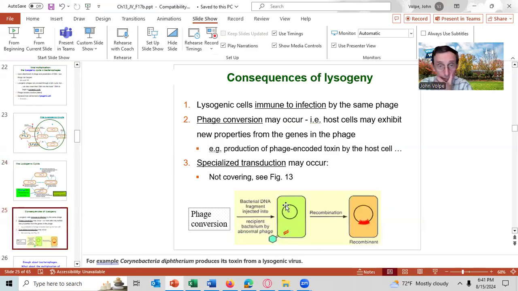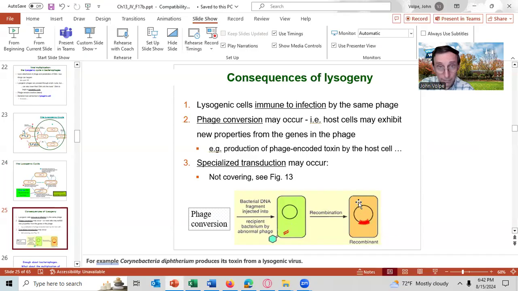Here's the last thing I want to talk about, and that is two consequences happen in a cell when lysogeny occurs. So when the host cell becomes infected with a lysogenic virus, the host cell will now become immune to infection by that same lysogenic virus. So this cell cannot become infected by another lysogenic virus.